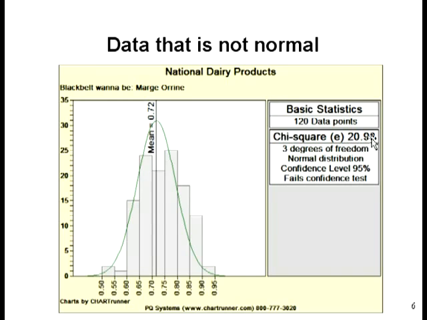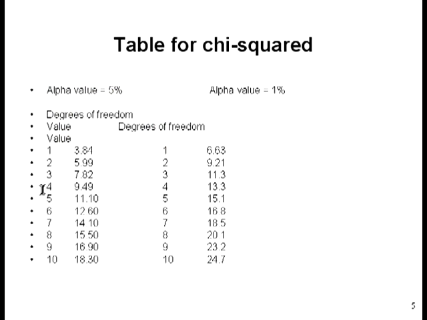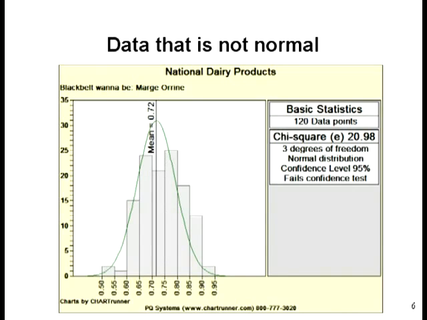If again we take a look at that chi-square value and 3 degrees of freedom, and I go back to my little table, this says if I had 3 degrees of freedom, anytime I'd have a calculated chi-square value greater than 7.82, what does that say? It's no longer reasonable to assume it follows a normal distribution. So when you look at your printout, the main thing you need to look at is whether it fails or doesn't fail that particular test.